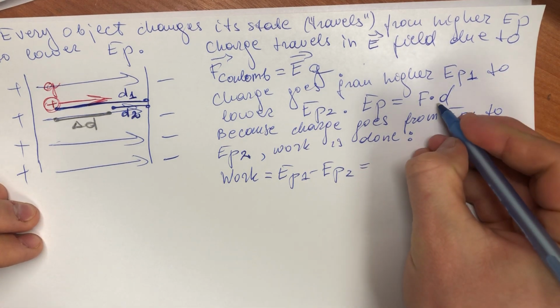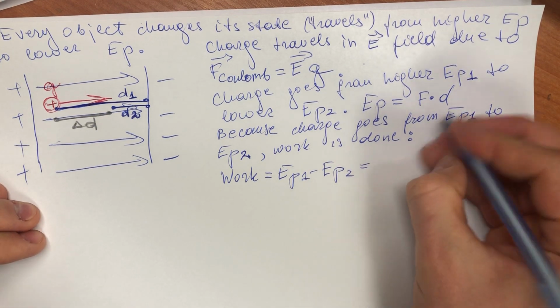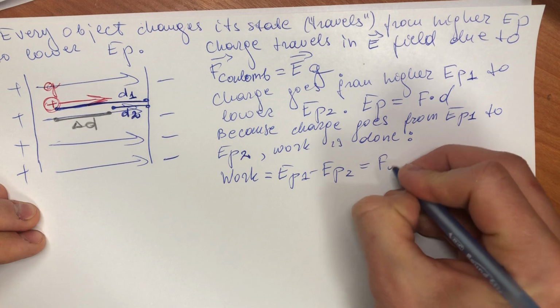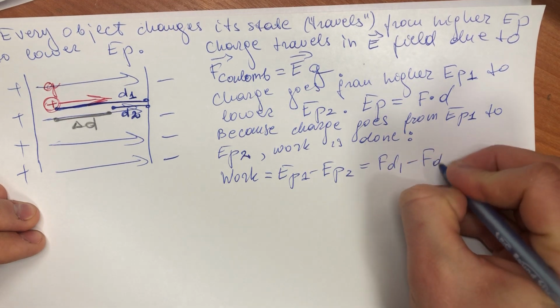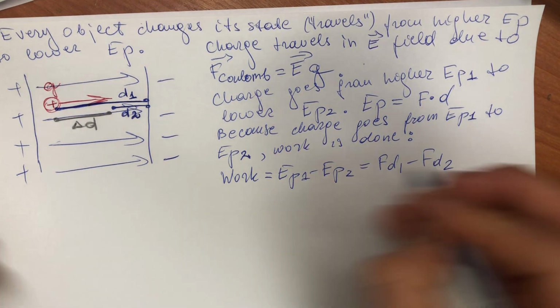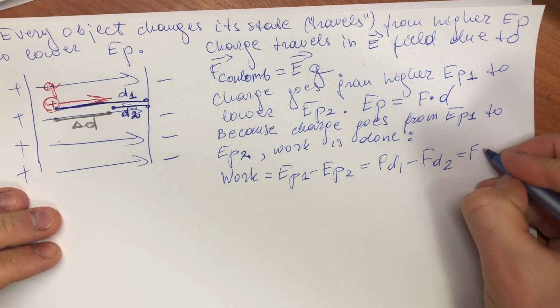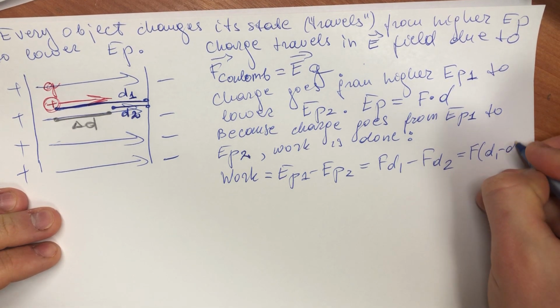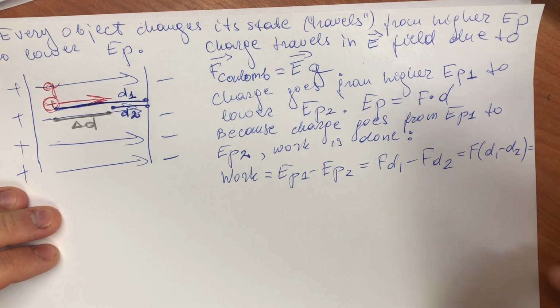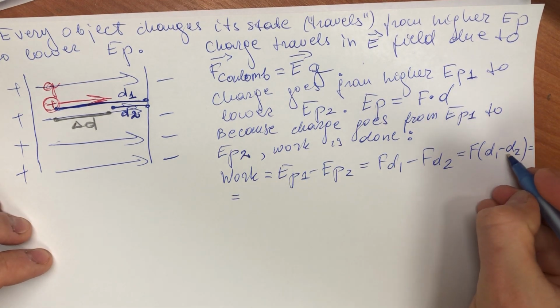Or we can write in terms of force and distance: F D1 minus F D2. Then it is F times (D1 minus D2).